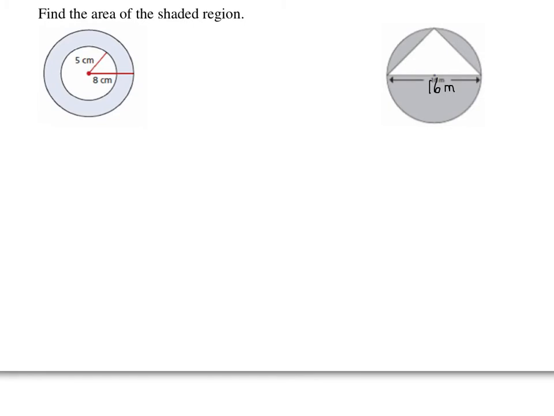Okay, so I mentioned earlier that we're going to find the area of just the shaded region, so we have to think in words first what the process is that we need to do. So in this very first one, if we want to find the area that's shaded, we have to find the whole area and subtract out the white. So we need to find the area of the large circle and subtract the area of the small circle.